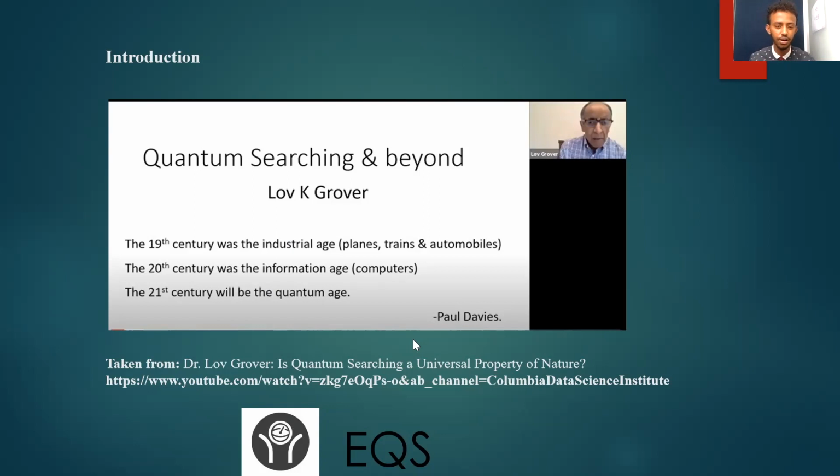He also discusses how quantum searching is found in photosynthesis and DNA sequencing, and how quantum computers could potentially be used for DNA sequencing.